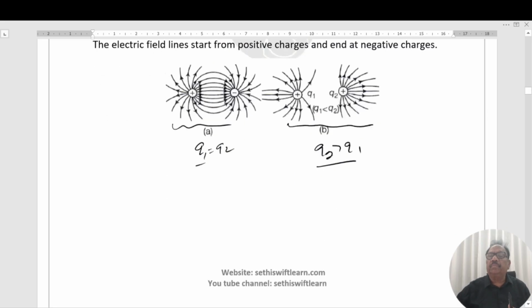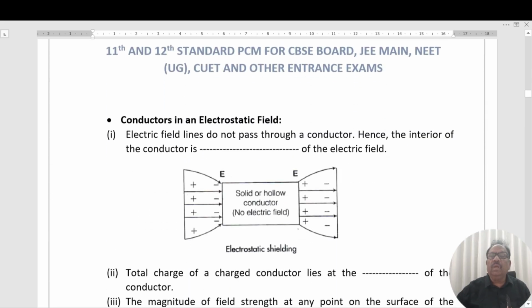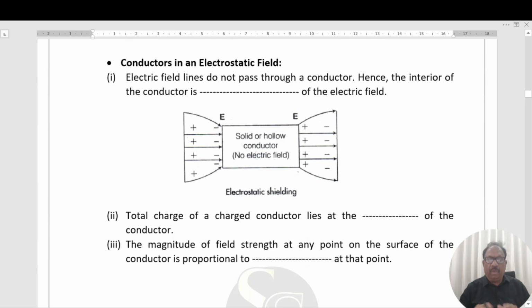Next, conductors in an electrostatic field. Electric field lines do not pass through the conductor, hence the interior of the conductor is free from the influence of the electric field. In this, the electric field is equal to 0.